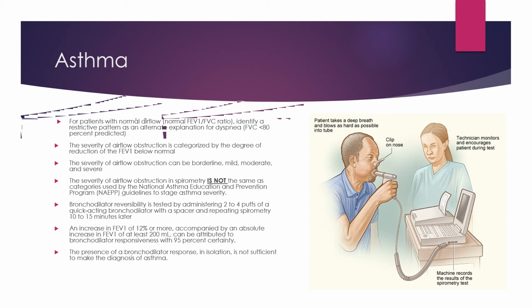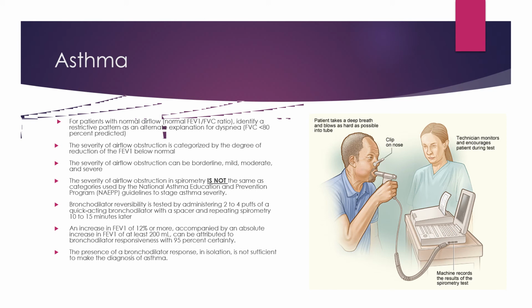And the severity of the airflow obstruction is categorized by the degree of the reduction of the FEV1 below normal. The severity of the airflow obstruction can be borderline, mild, moderate, and severe. The severity of the airflow obstruction in spirometry is not the same as the categories used by the National Asthma Education and Prevention Program guidelines to stage asthma severity, but this is what we do for some of these people.